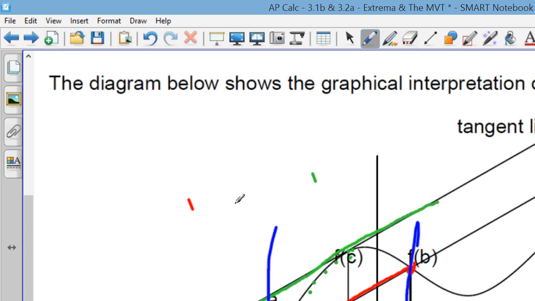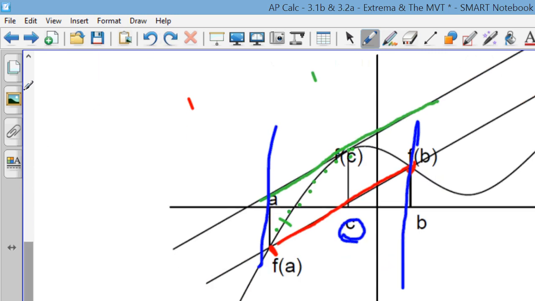So you do normal algebra 1 slope, and then you do calculus slope, and you set them equal. And there should be a point C where they equal out. That's what the mean value theorem says. Not actually that complicated if you think about it in those terms.